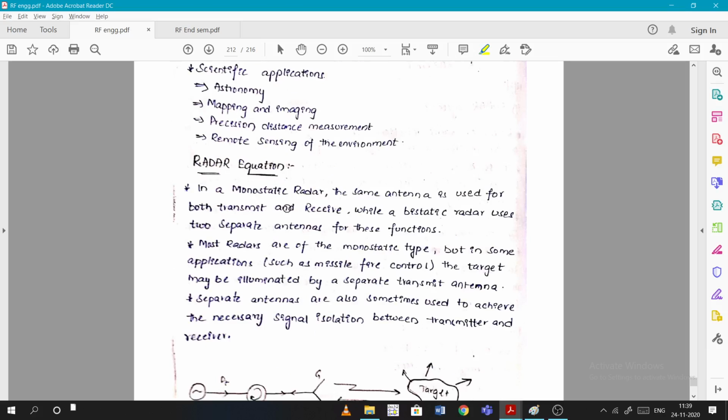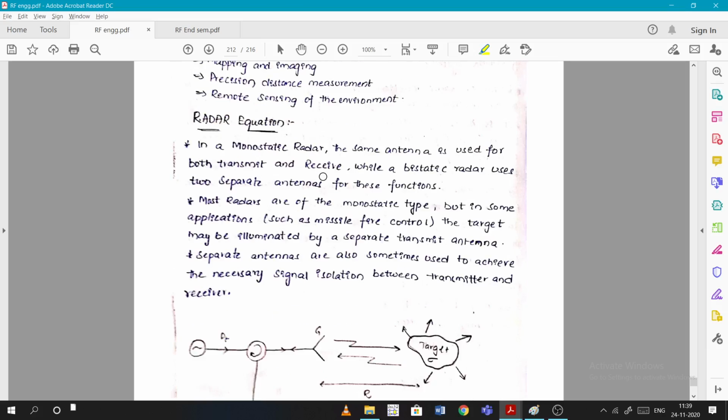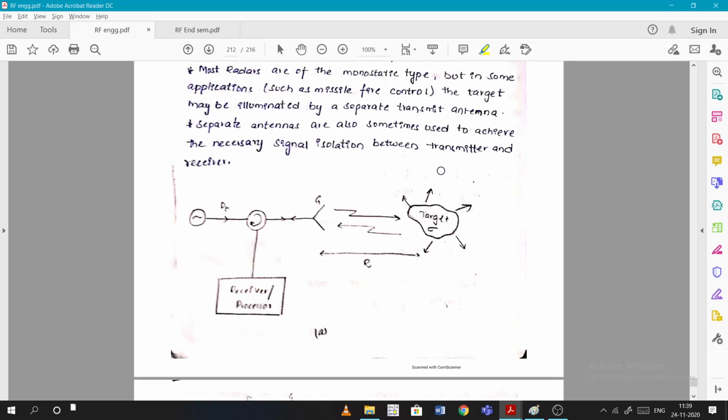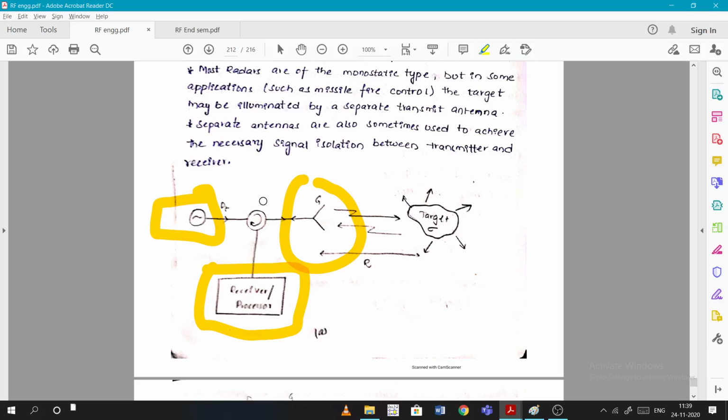Coming to the radar equation, as I told, there are two types: monostatic and bistatic. In bistatic, I told you, there are two separate antennas, one for transmitting and one for receiving. In general we will take only monostatic. Basically, there will be a transmitter and a receiver, both connected to the same antenna.